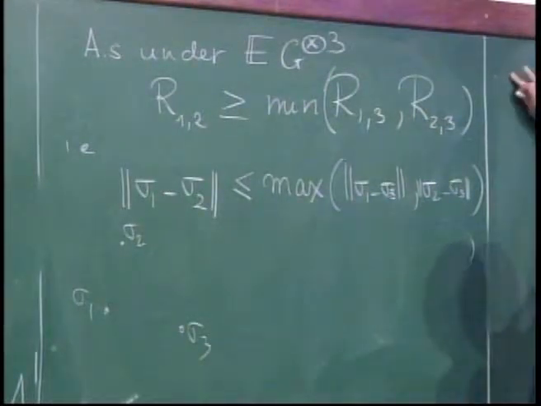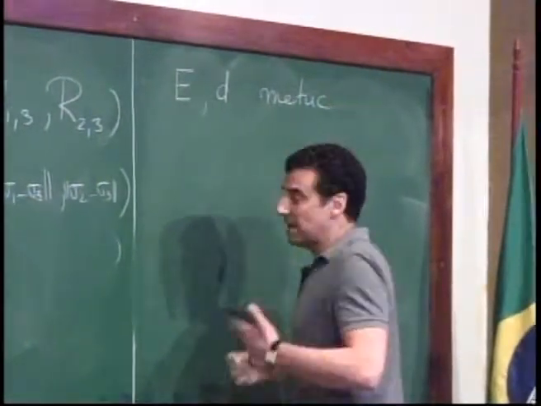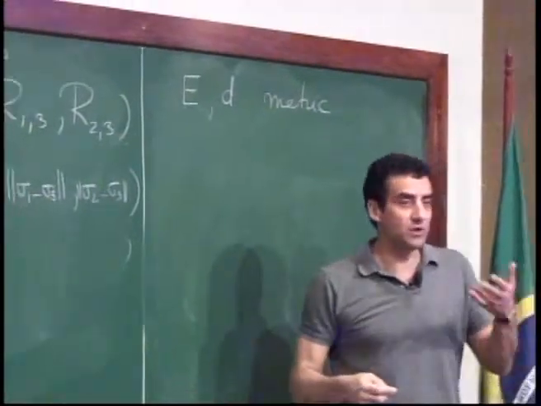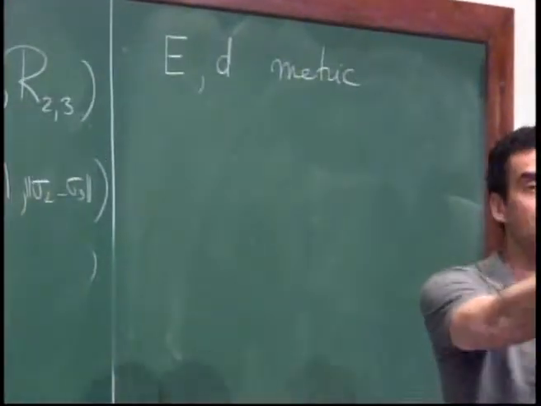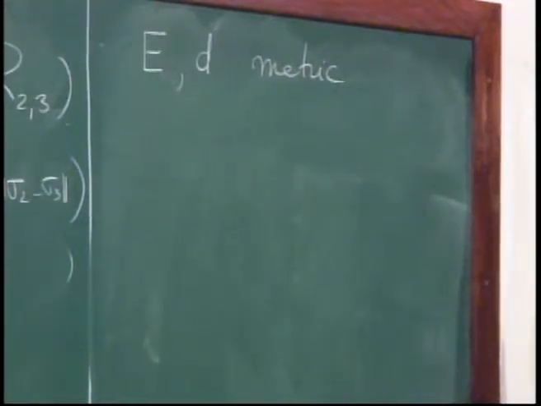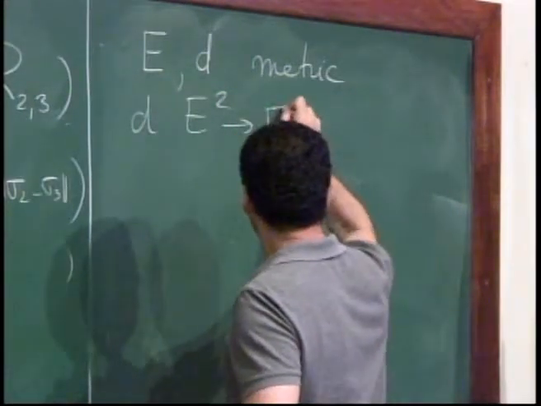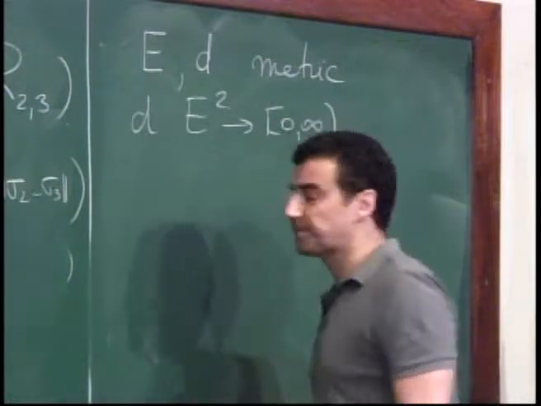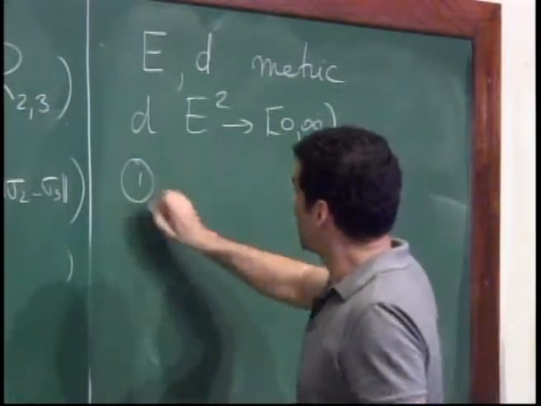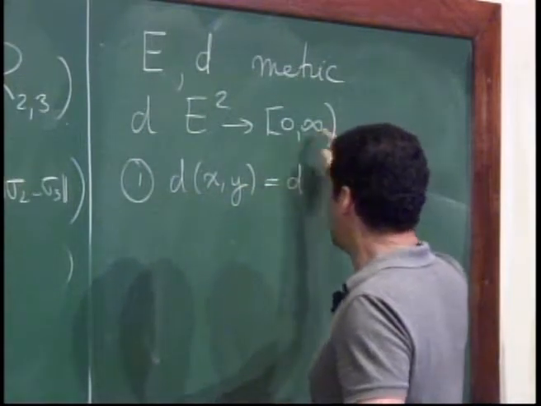So you have a space E equipped with D, which is a metric. So you know what a metric is. It's a function on E, which to a pair of points associates a number, which is the distance. It has to satisfy a few properties. So D is a function from E squared to R plus. It has to be such that the distance of x, y is, first, positive.